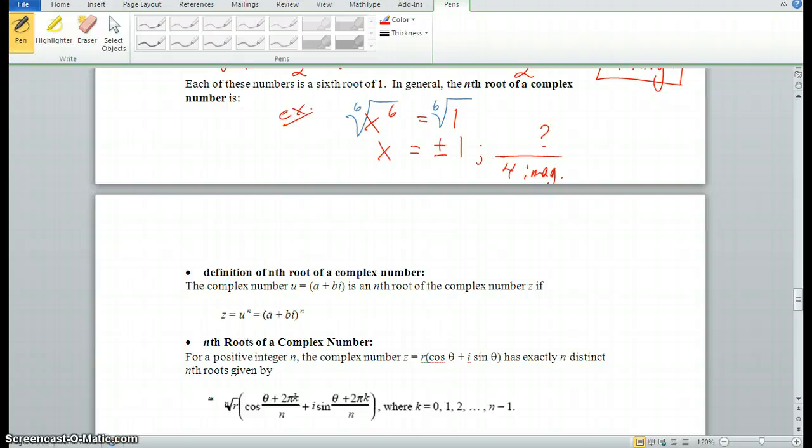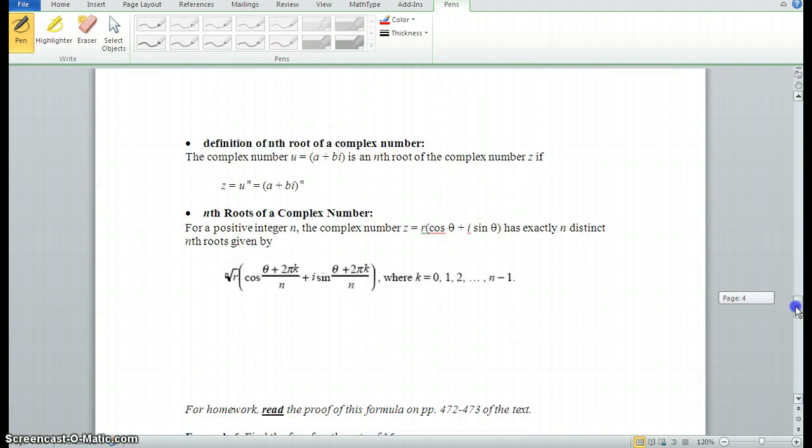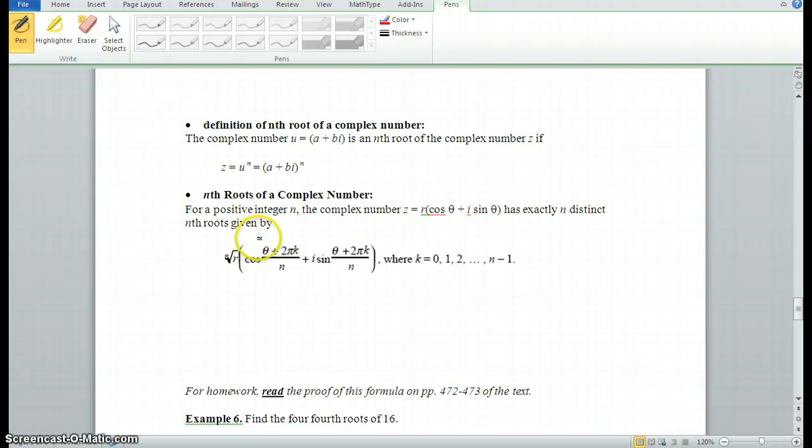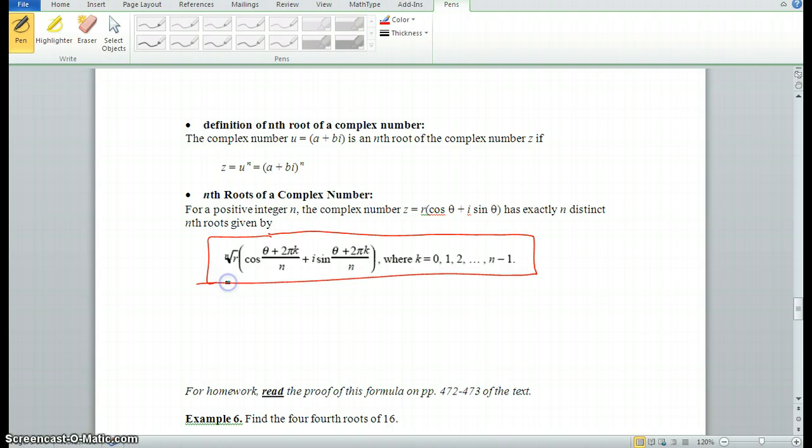And I want us to highlight this, as it does have huge significance here in what we're about to take a look at. And before I get into the example, I want us to draw yet again another real and imaginary axis. This time I'll label it real and imaginary. I'm going to draw a circle.